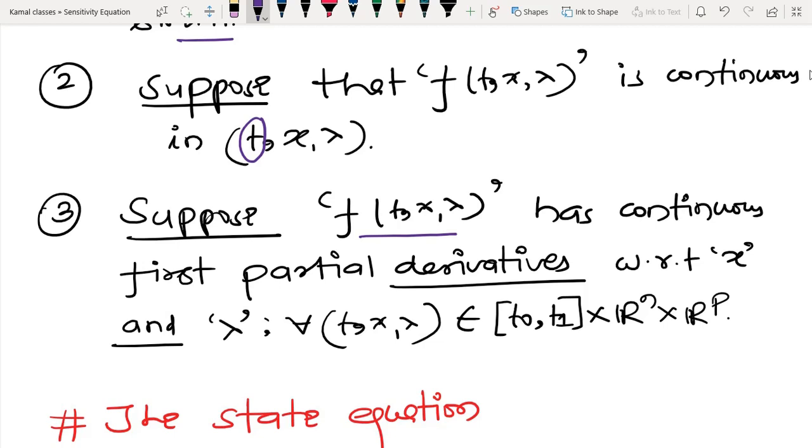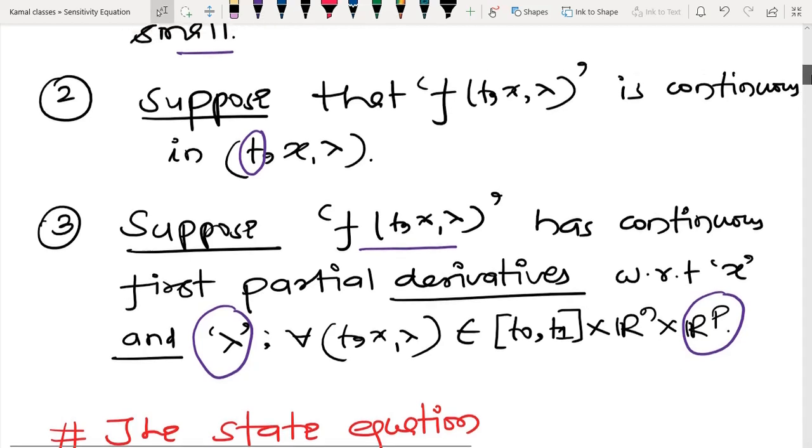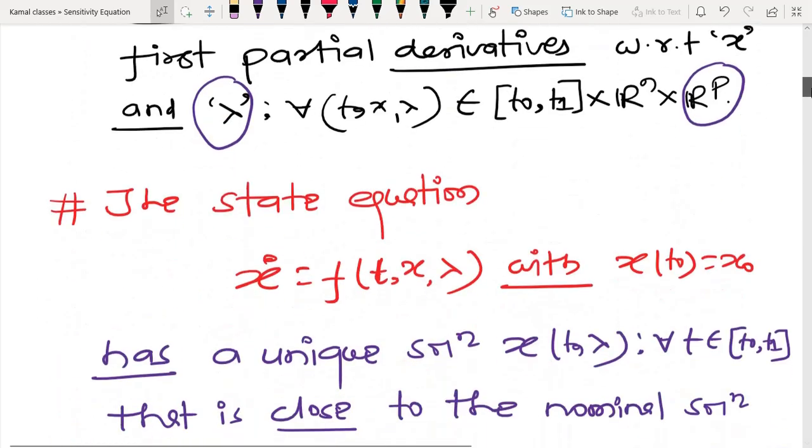And since now the parameter is also changing, I am assuming that the parameter space belongs to R^p. Okay, so I have these three assumptions about the variation of parameter.